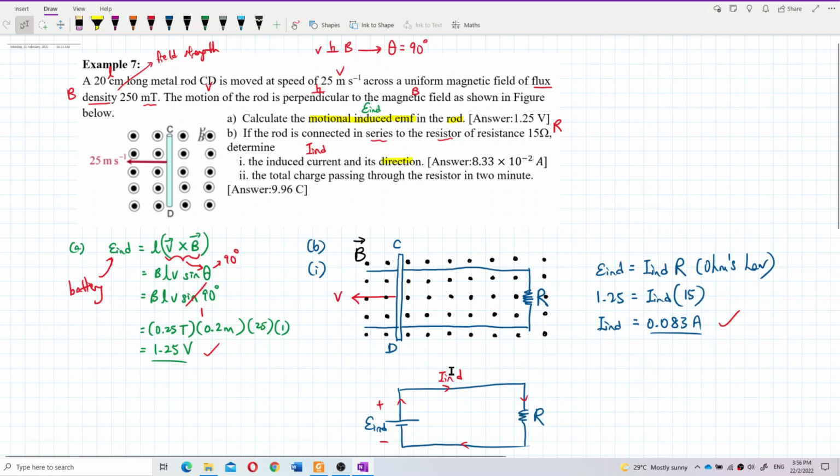There are two methods. I will teach you two methods to get the direction of induced EMF and the direction of induced current.